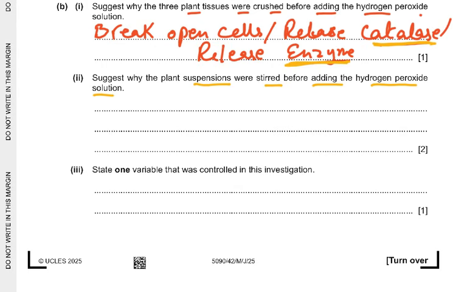Ensure that the cell contents, or the cells, or the catalase is evenly distributed. That's why you're stirring it. And or you can say maximum surface area for enzyme activity, the same for each species.